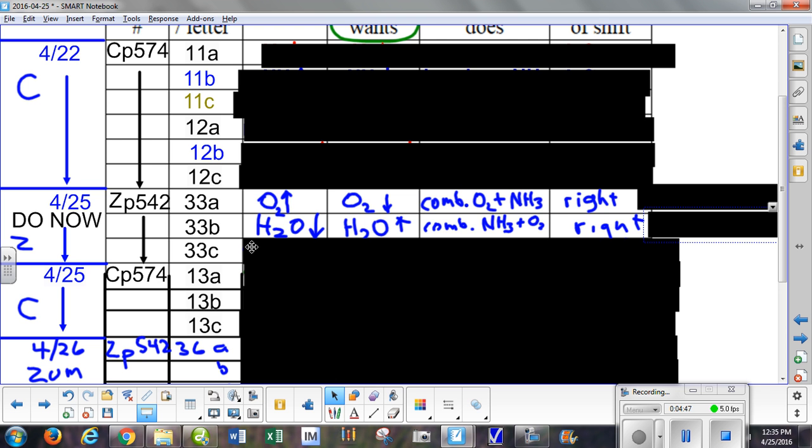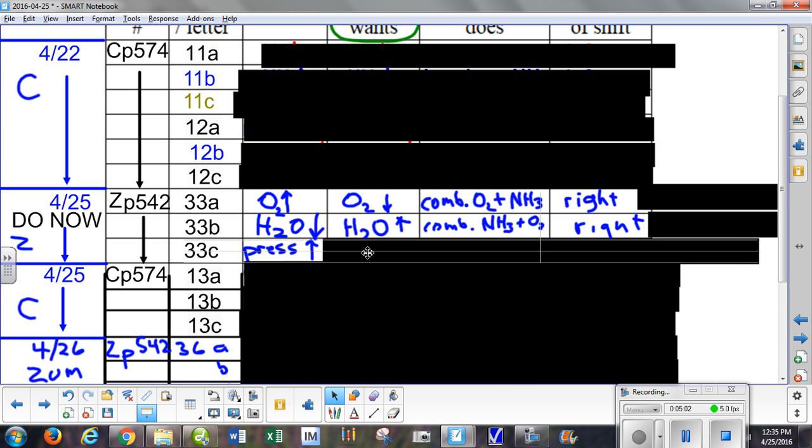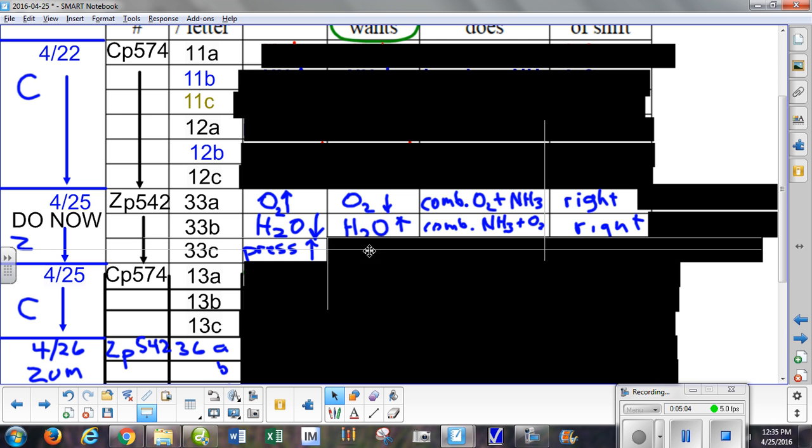So we got two things going on. Ammonia is liquefying, which means it's no longer going to be, what is it, a reactant or a product? Ammonia is a reactant. Okay, so the ammonia is going down, and as the ammonia goes down, the pressure is going to go up, right?